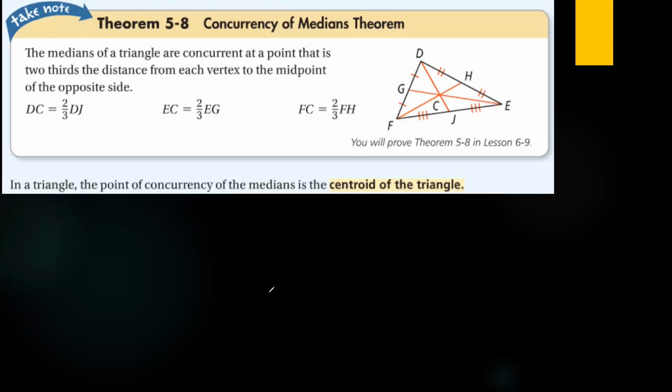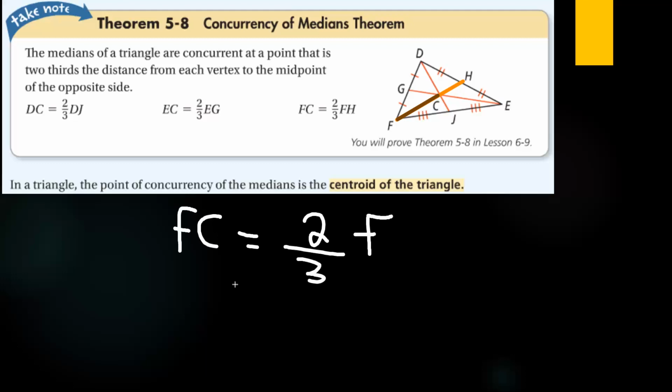Here, I have this side starting from the vertex, ending at the midpoint. My theorem told me that the length of the part starting from the vertex, not from the midpoint, FC, will be 2/3 the length of the whole median, which is FH.